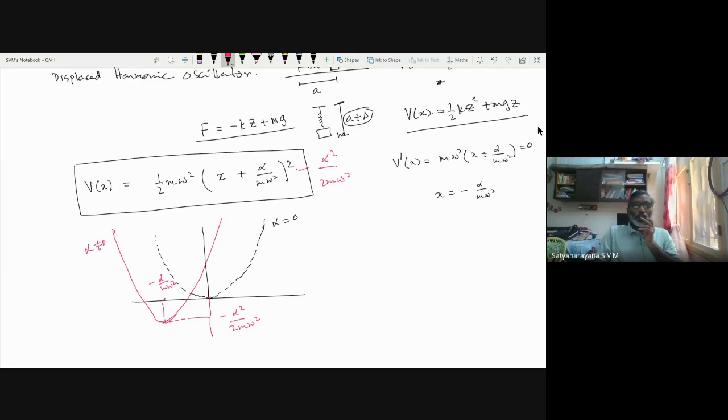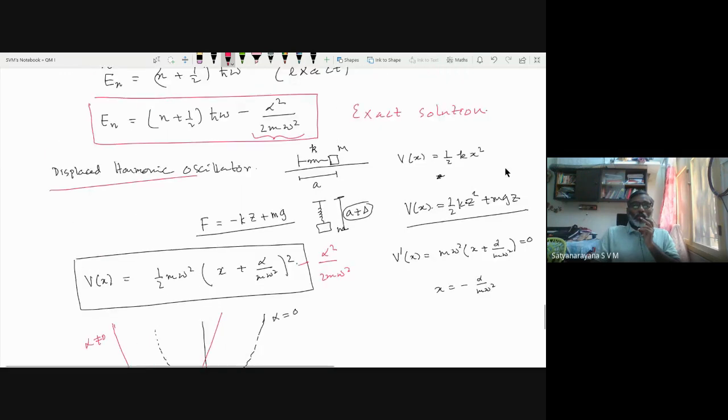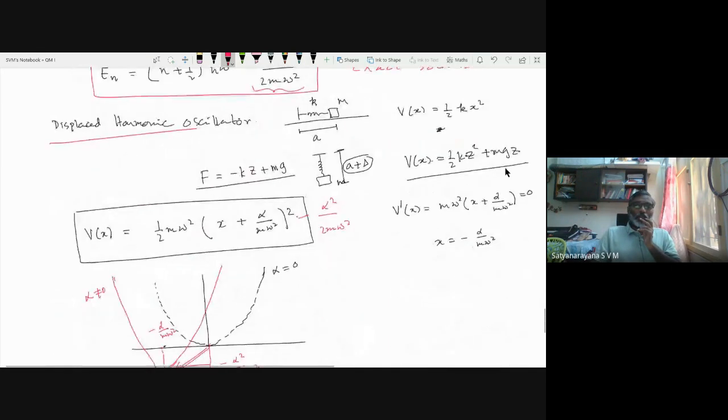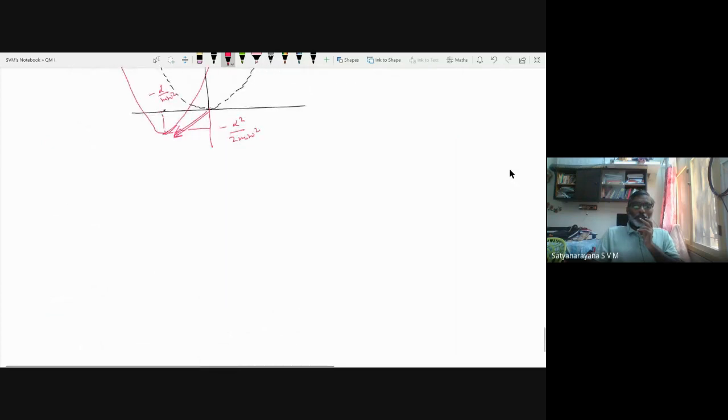Okay, so that is what this will give you. So this is exactly the same harmonic oscillator, but displaced from here to here. That is why this is called the displaced harmonic oscillator. Okay, so this is another simple example.